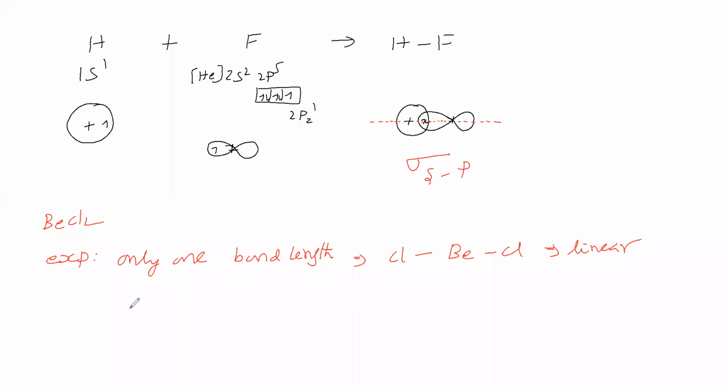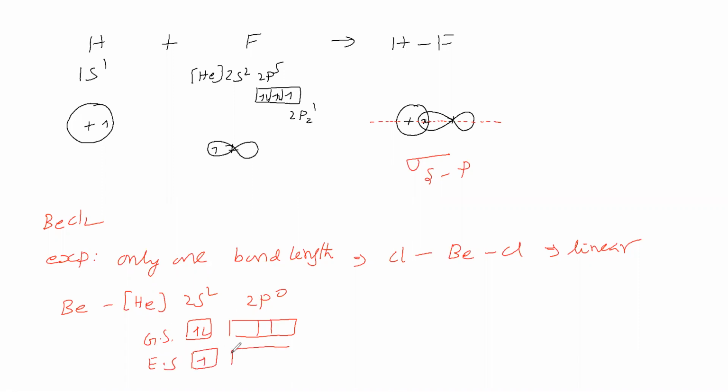Now we will take beryllium. Its electronic configuration is helium 2s2 2p0. So 2s contains 1 orbital with 2 electrons, and 2p contains 3 orbitals with 0 electrons in the ground state. Now we will take the excited state, where 1 electron goes from 2s to 2p.